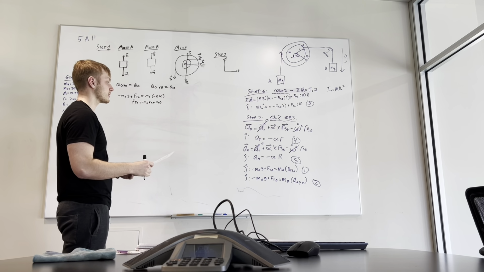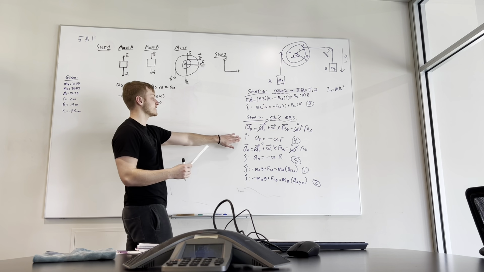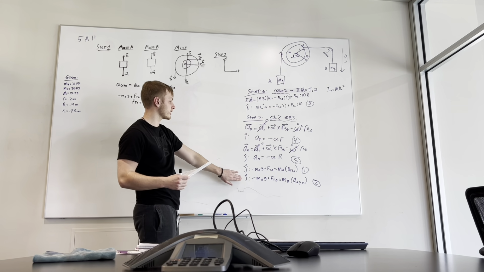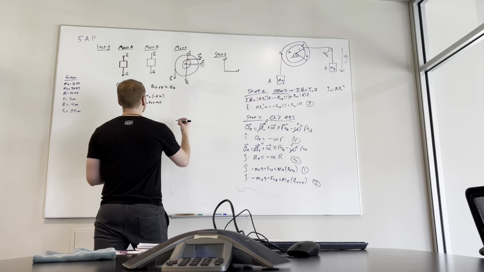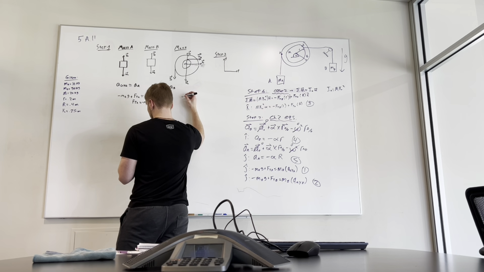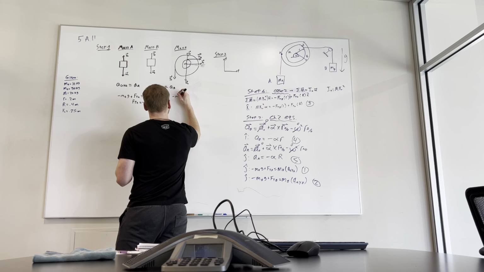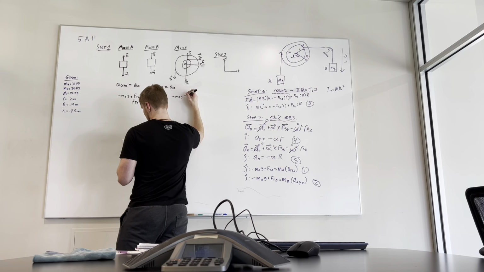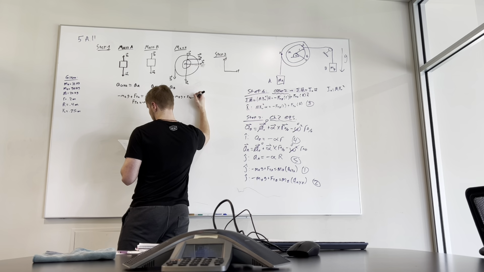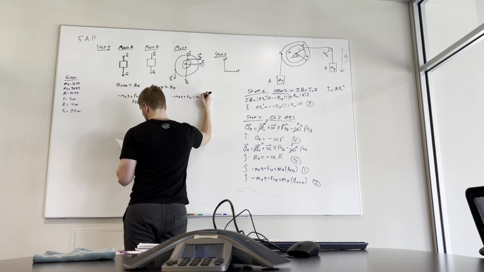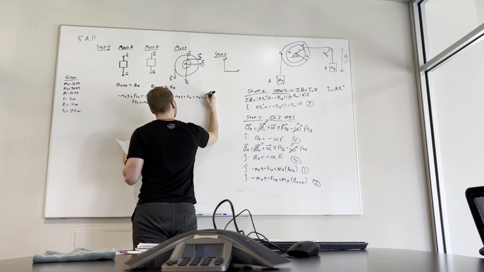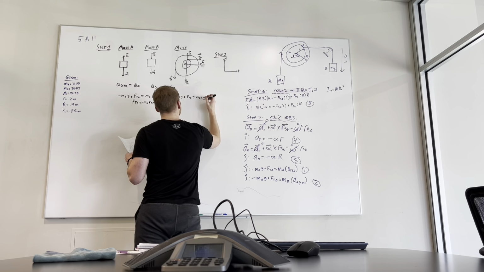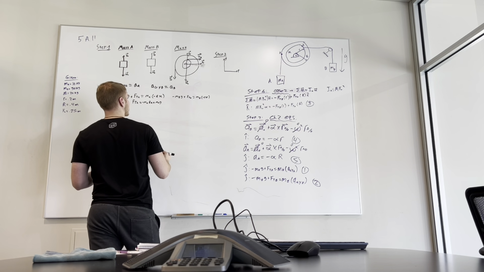And then the next thing we're going to do is plug in scalar equation 4 into scalar equation 2, AB into AGYB. And then we're also going to solve for this in terms of FTB.